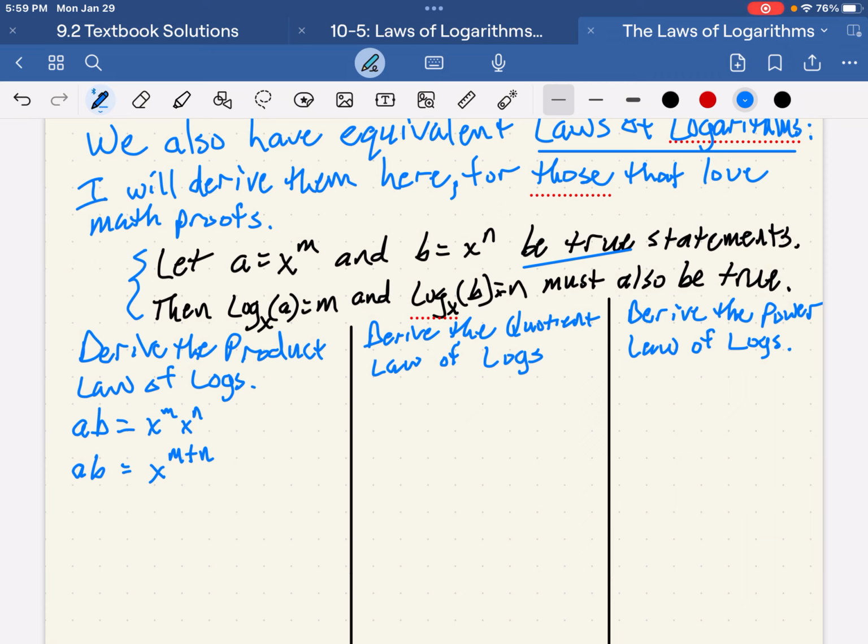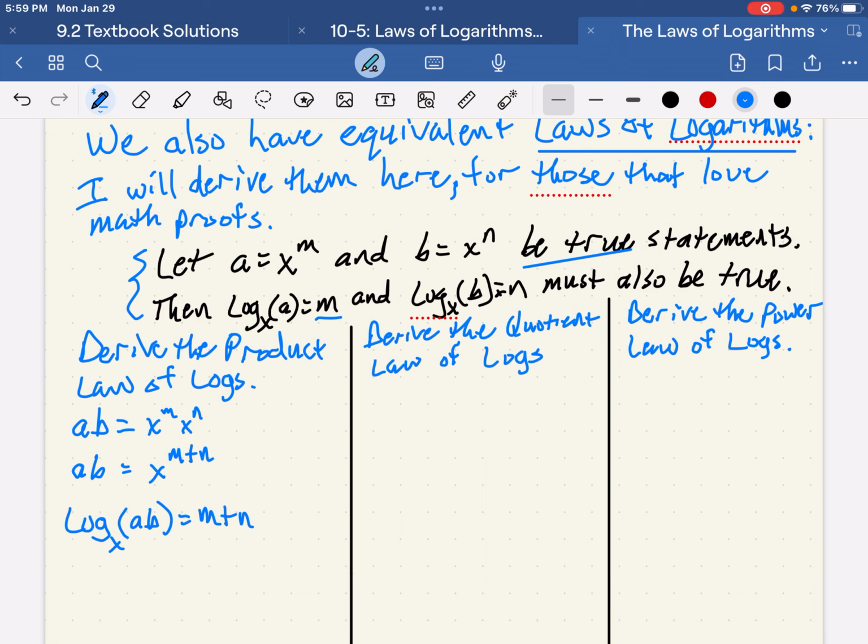Now, what happens if I change this to its equivalent logarithm? Log base x of the product AB equals m plus n.